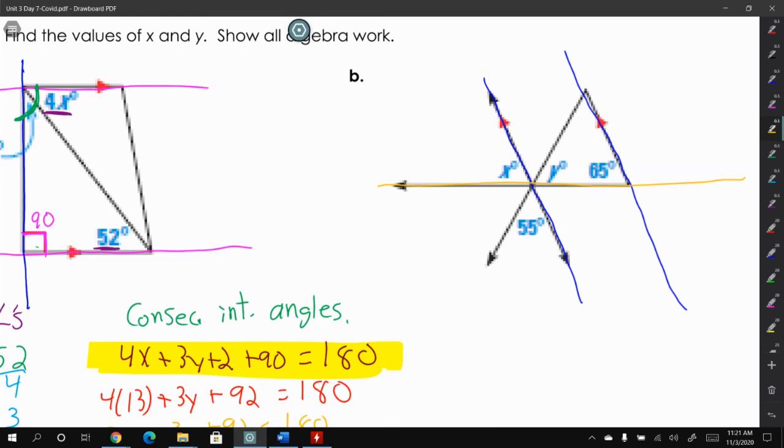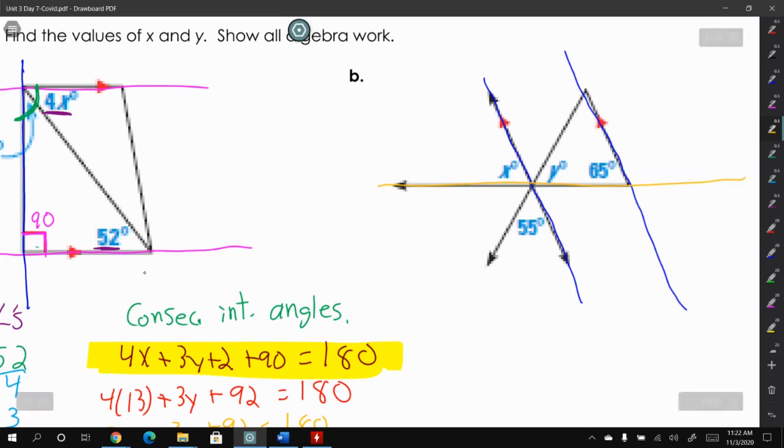And it might be useful to rotate your paper a little bit to see what's going on. For whatever reason, when the two parallel lines are horizontal, students do so much better at recognizing things. So I always tell them, hey, rotate the paper if you need to. That might make things a little bit easier to see.